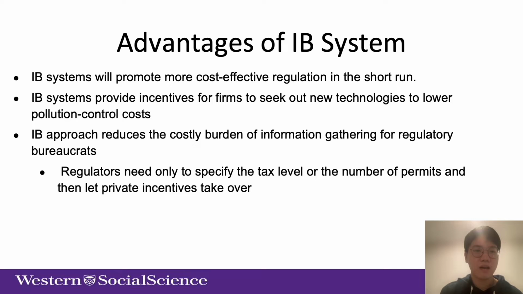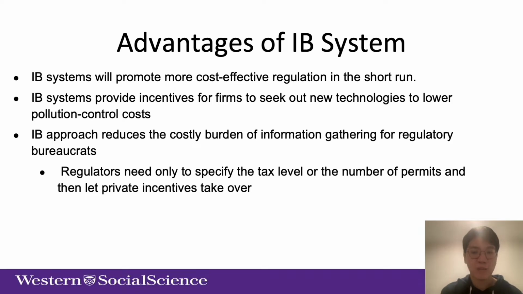And here are some advantages of the IB system. First, the IB system will promote more cost-effective regulation in the short run. The IB system can incentivize companies to seek new technology to reduce pollution control costs.